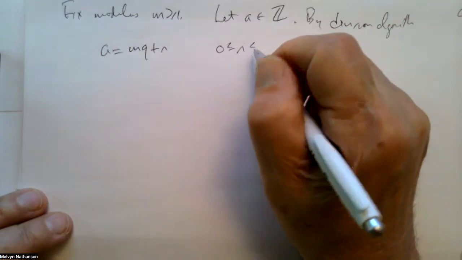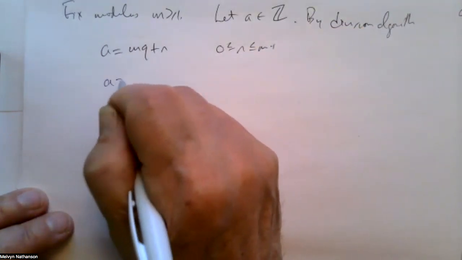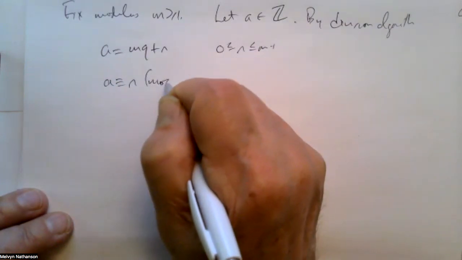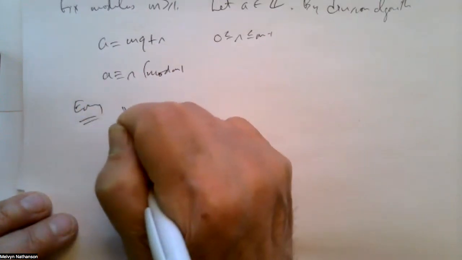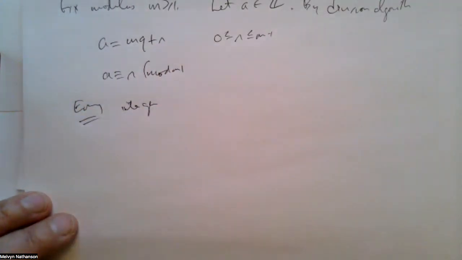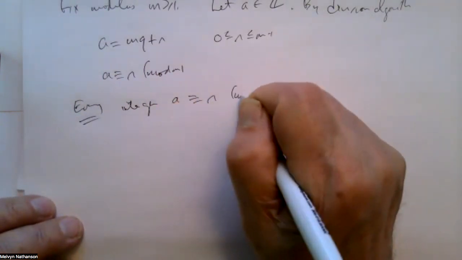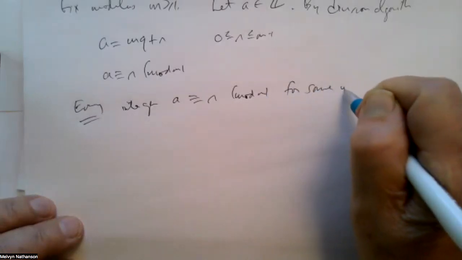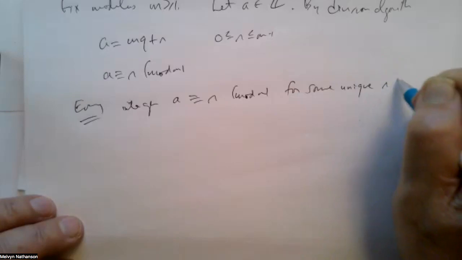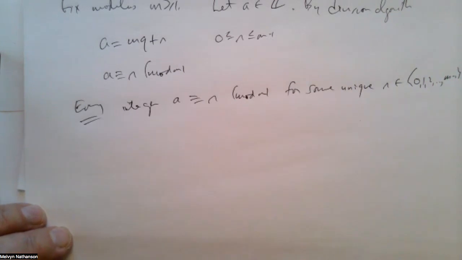And r is between 0 and m minus 1. So this says in particular, a is congruent to r mod m. So every integer, positive, negative, 0, every integer a is congruent to r mod m for some unique r in the set of integers between 0 and m minus 1.